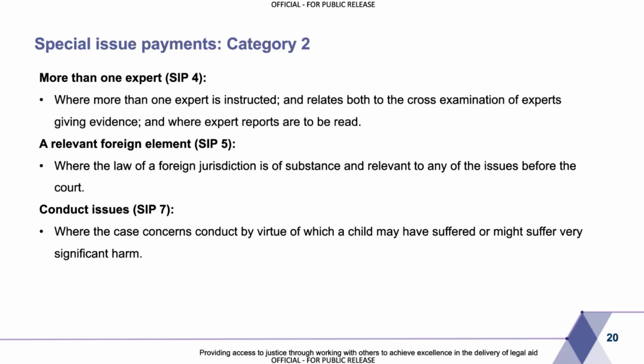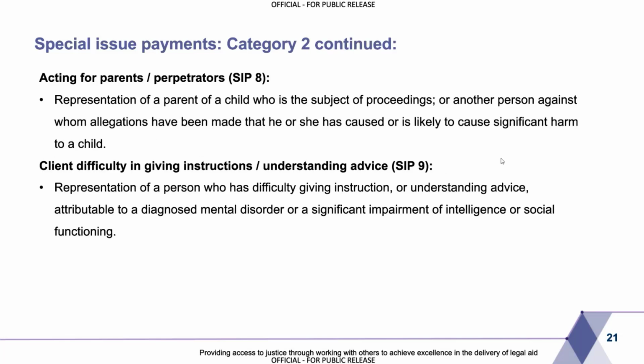SIP number 7 for conduct issues is applicable where the case concerns conduct by virtue of which a child may have suffered or might suffer very significant harm. SIP number 8 is for where you act for either a parent or the perpetrator. So this is for representation of a parent of a child who's the subject of proceedings, or another person against whom allegations have been made that he or she has caused or is likely to cause significant harm to a child.